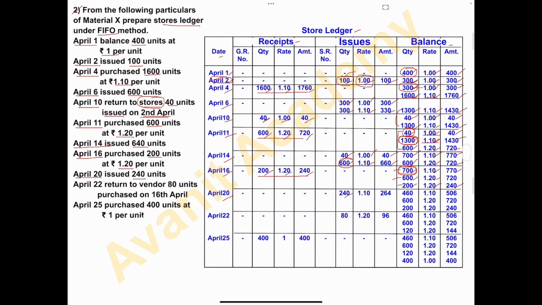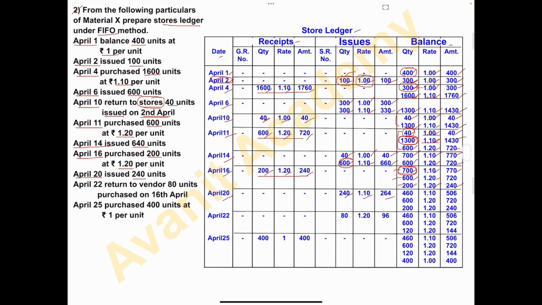So, right here, quantity 240. This 700 stock rate per unit is 1.10. We'll take that rate here. Multiply this 240 into 1.10, and the amount is 264.